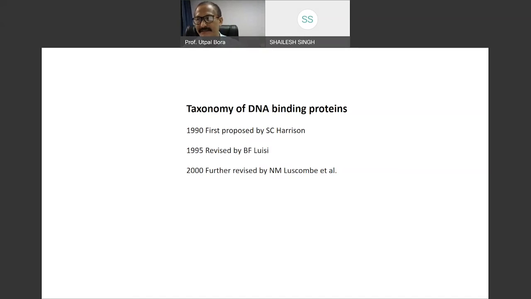So it is better to arrange them under certain classes, for ease of academic as well as scientific purposes. So in 1990, the first taxonomy of DNA binding proteins was proposed by Harrison. Five years later, it was revised by Luisi.